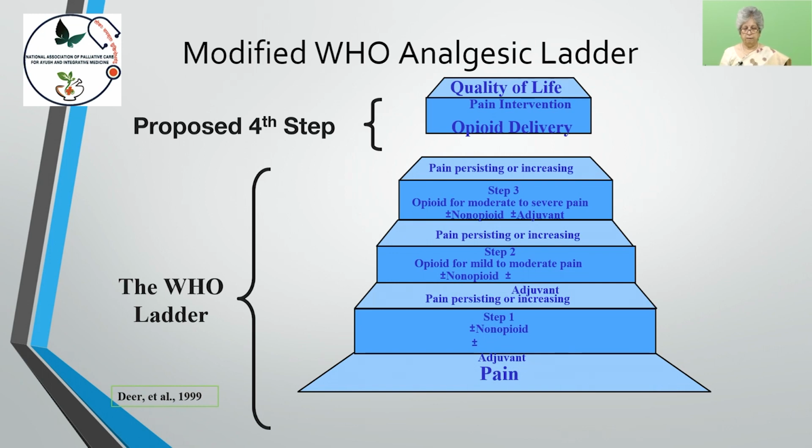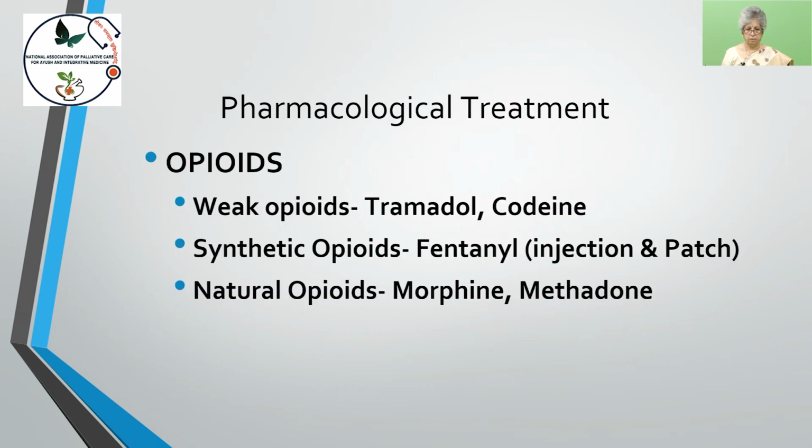In step 1 there are simple medicines. In step 2, when the pain increases, you add more potent drugs, and in step 3 you will be using morphine, which is a very potent analgesic, a very good drug to relieve cancer pain.